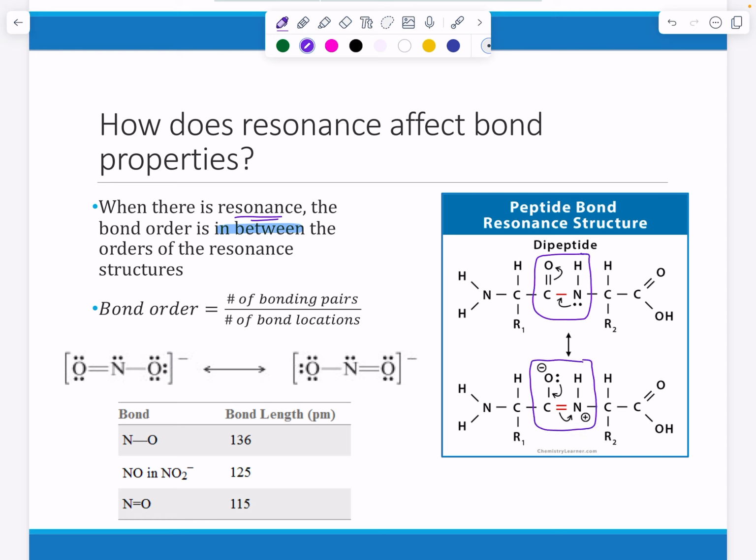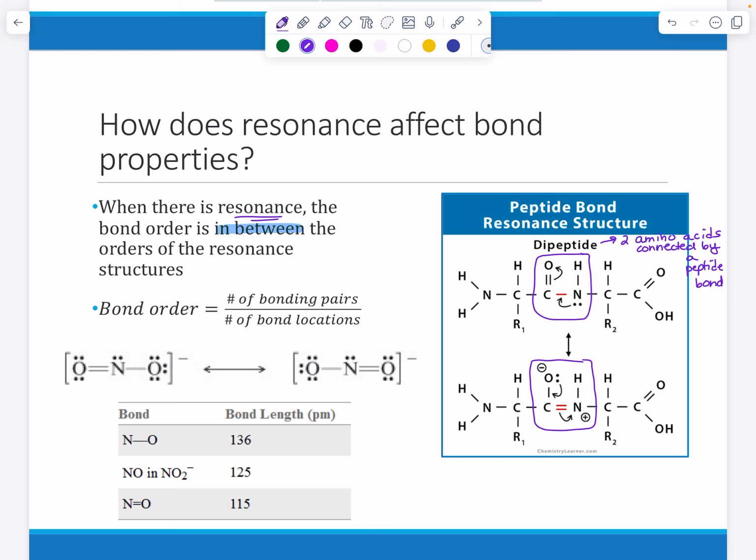Here it is shown in the context of a full dipeptide, which is 2 amino acids connected by what's called a peptide bond.